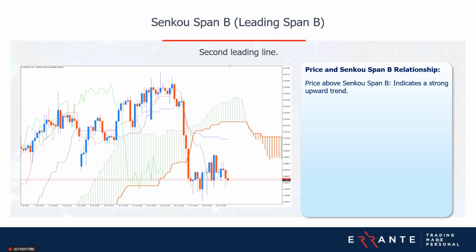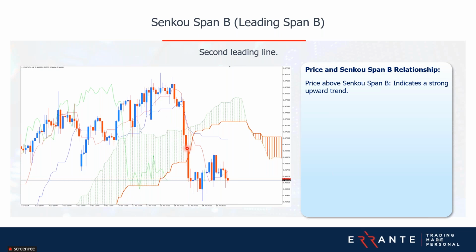And if you just think of it as one layer or the boundary of the Kumo, which means we usually expect the price to move above the Senkou Span B in uptrends.